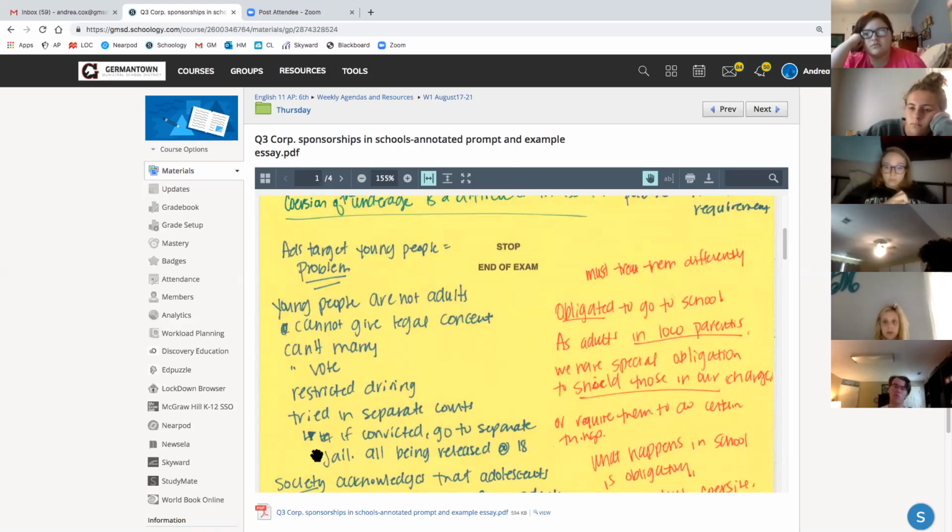Again, we have a special obligation to shield you guys from anything that is not appropriate age-wise, because you're in our care, and the line between an educator and a student as far as morality is concerned is usually more conservative than maybe a parent and a child, because your parents have complete say over you until you're 18, right? Because they're yours. But you aren't mine. So in my book, I want to keep everything as morally reputable as possible. So again, advertising falls into that category.